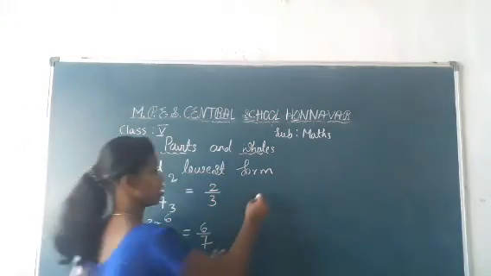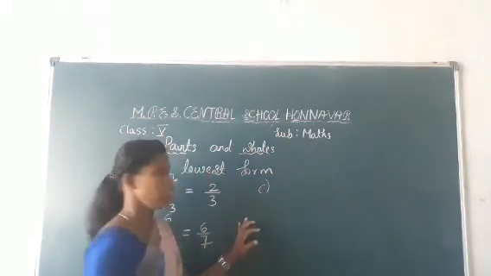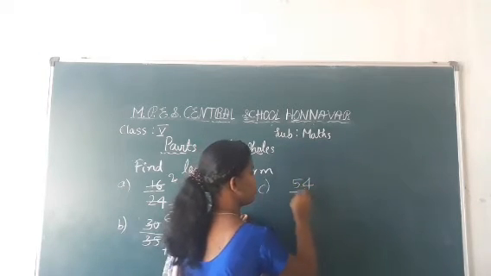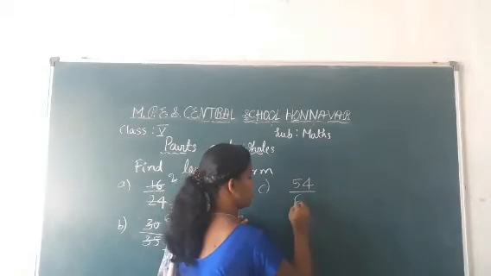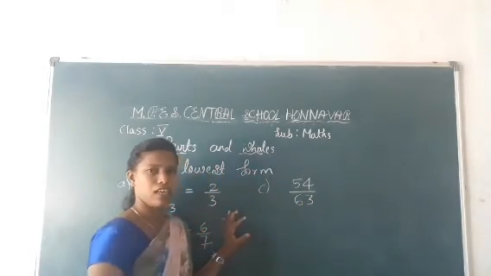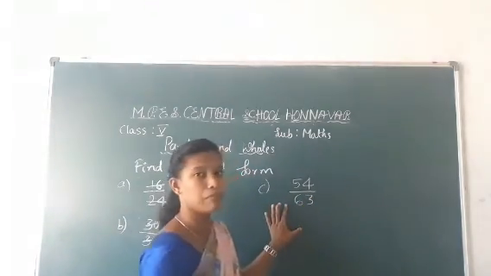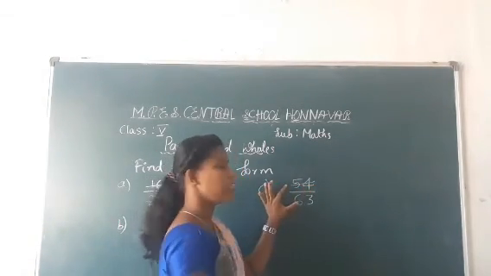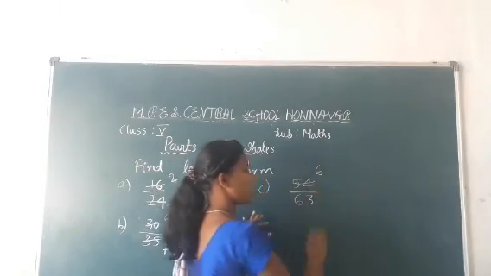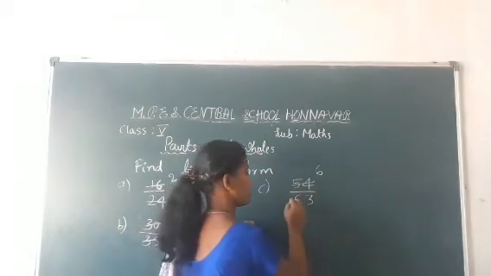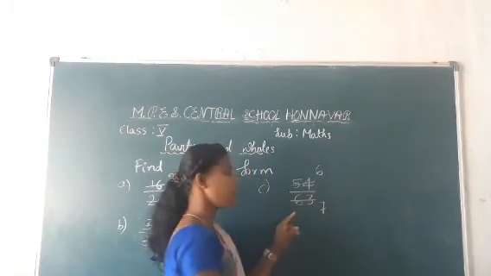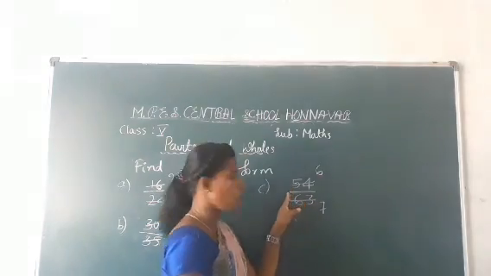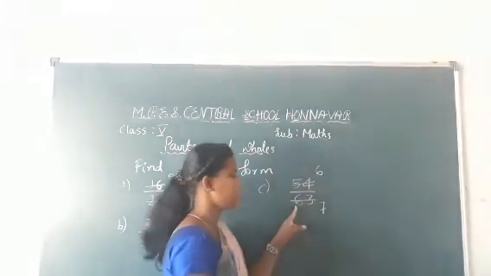Okay, we see some other examples. See, that is 54 divided by 63. We check whether these two numbers are divisible by the same value or not. 9 6s are 54, 9 7s are 63.